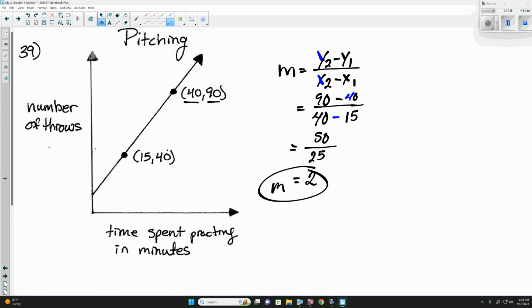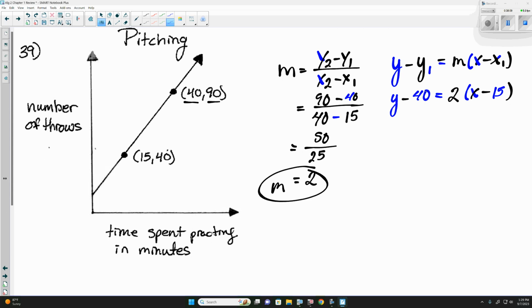We need to find the slope. But realistically, to find the equation, you need the slope anyways. y minus y1 is equal to m times x minus x1. Well, we can plug in our slope as 2. And what's our point? You just pick one: 15 for x, 40 for y.